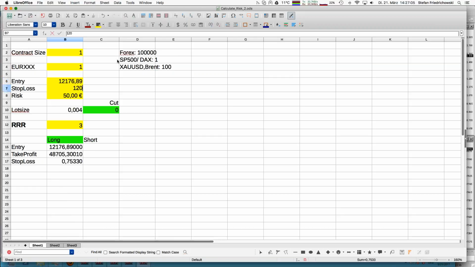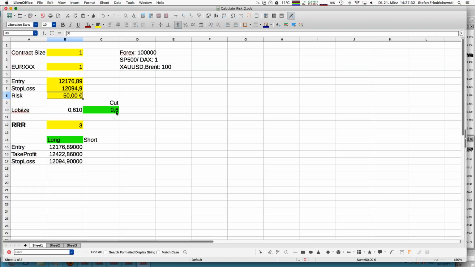Stop loss has already been calculated, and I will simply repeat, it's 1/3 of the total range of the previous W1 candle, and so that's the stop loss, and with a risk of 50 euros, this calculates down to 0.6 lot.